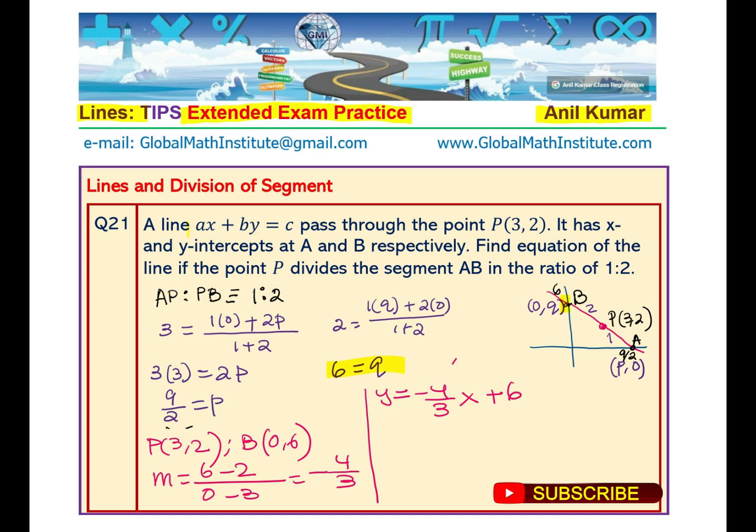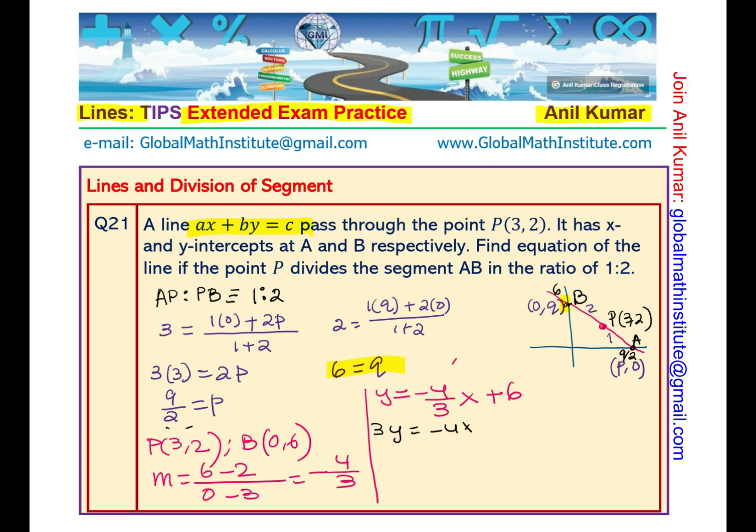Now, we need the equation in the form ax plus by equals c. So let's rearrange it. Multiplying by 3, we get 3y equals minus 4x plus 18. Bringing 4x to the left gives us 4x plus 3y equals 18. So the equation is 4x plus 3y equals 18.